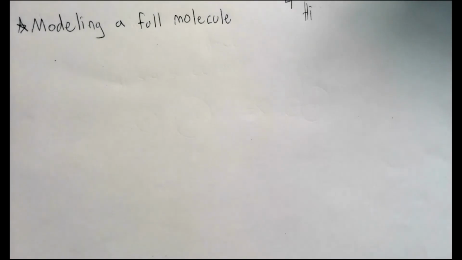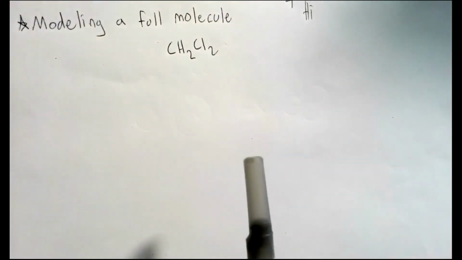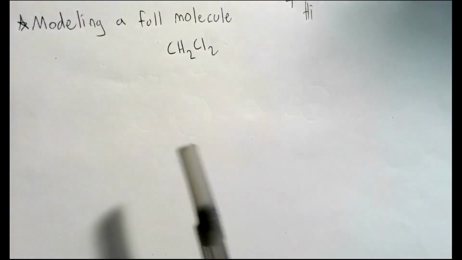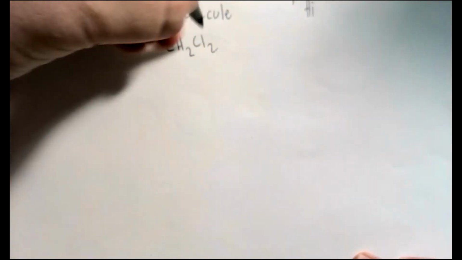All right, so for the last one, this is kind of like putting everything together now. We're not doing just atoms and we're not doing just a bond, we're doing a full molecule. So I am going to do CH2Cl2, which if I were to draw this as like a skeleton structure, that's one of the names we could use, it would look something like this.